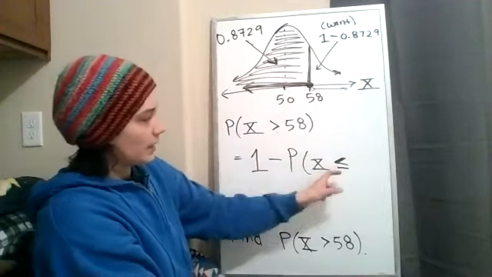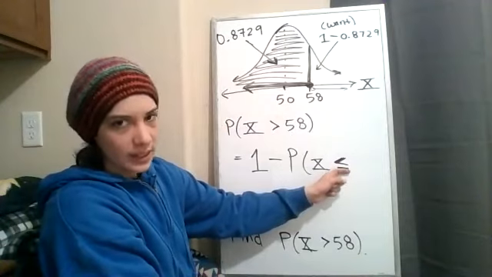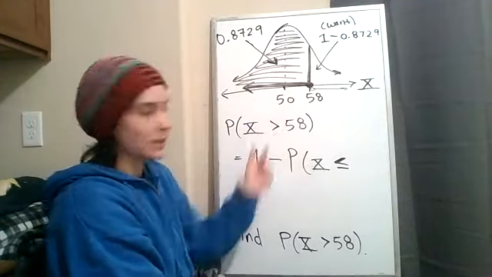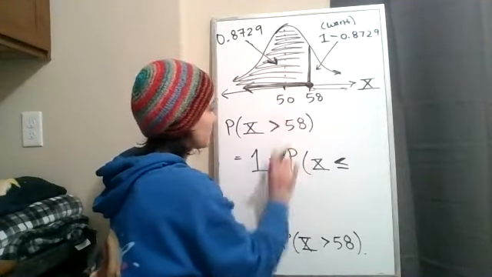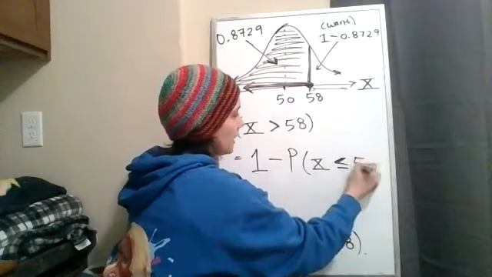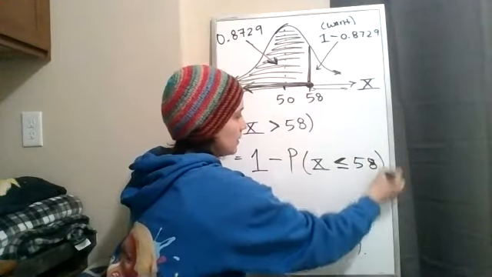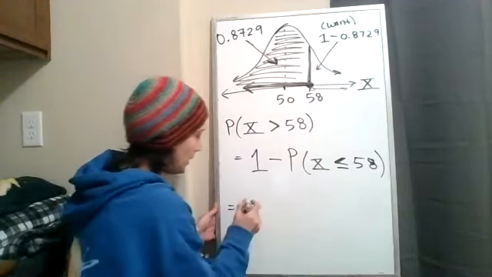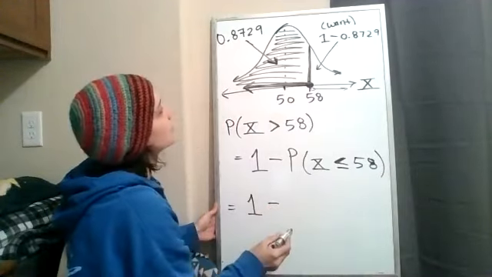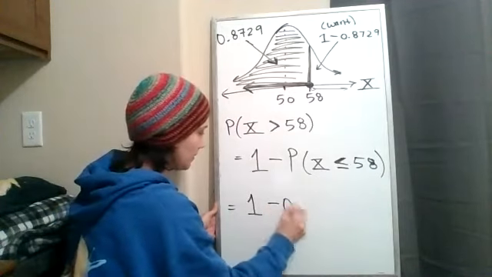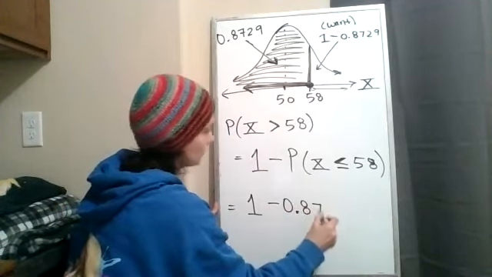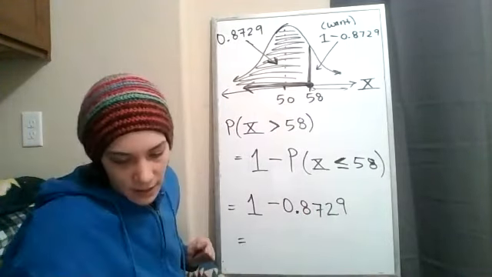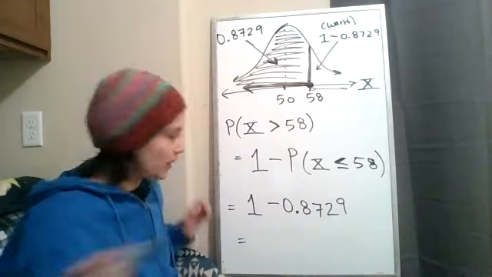Like we talked about earlier, including the equal sign or not including it doesn't affect the probability. It's just the way that it faces that's important. We still have 58. We're doing 1 subtract 0.8729. I got 0.1271.